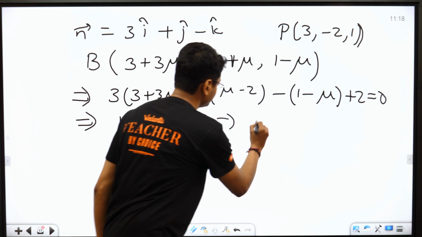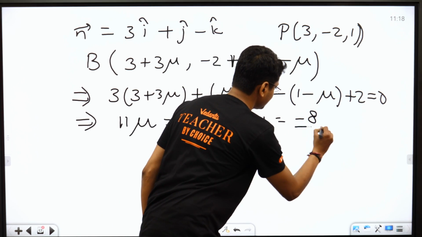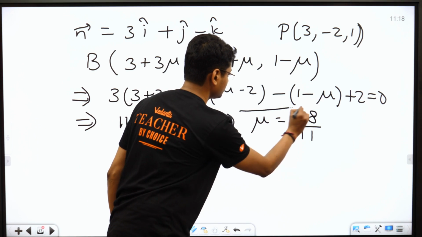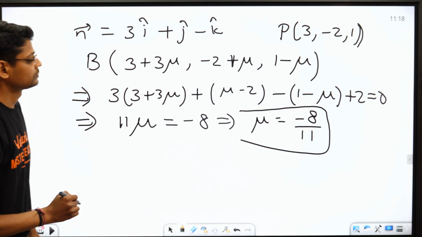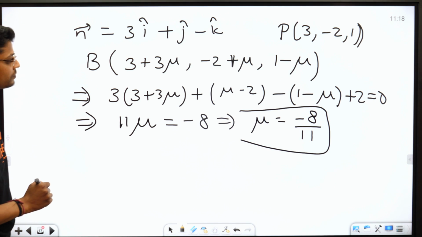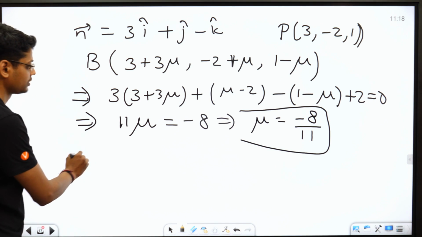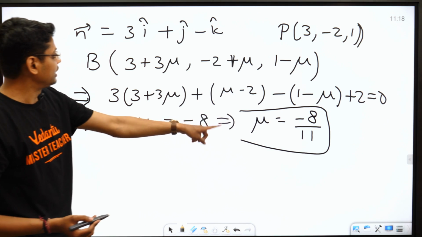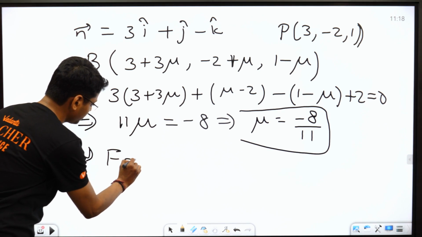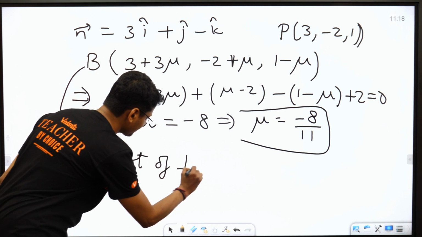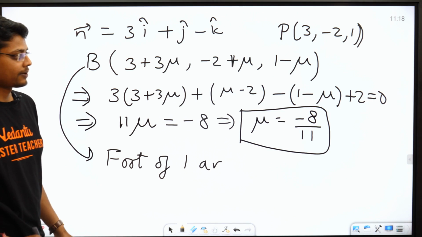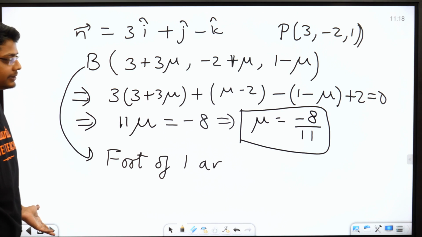So mu becomes minus 8 by 11. So basically put the value of mu, and this is the foot of the perpendicular.